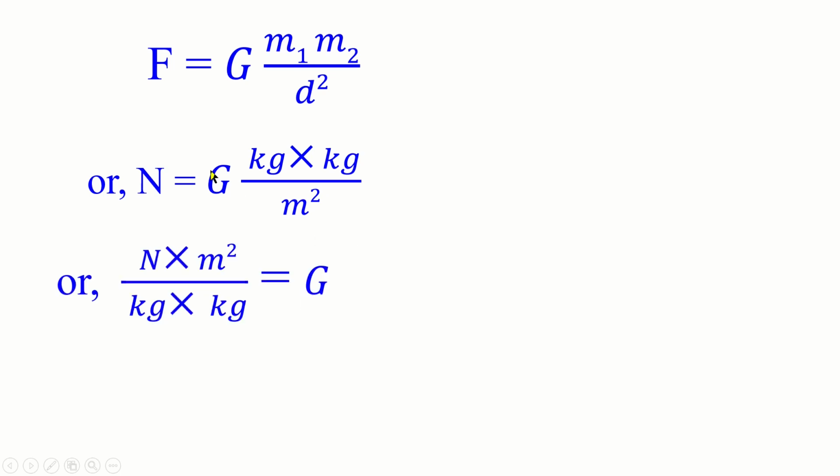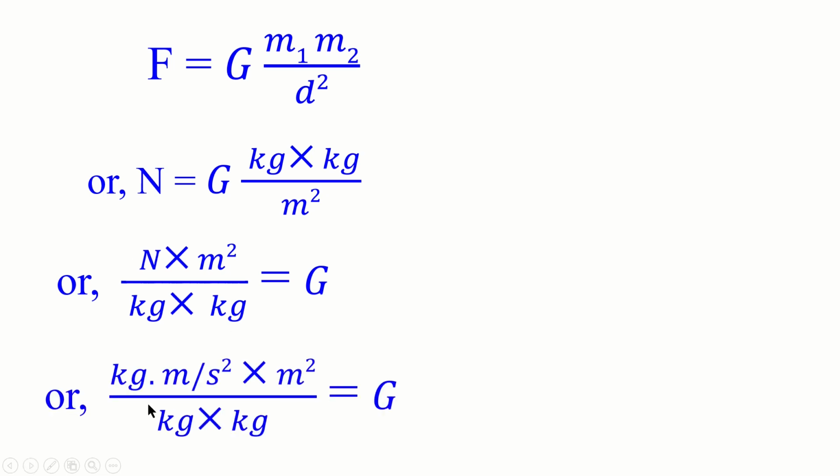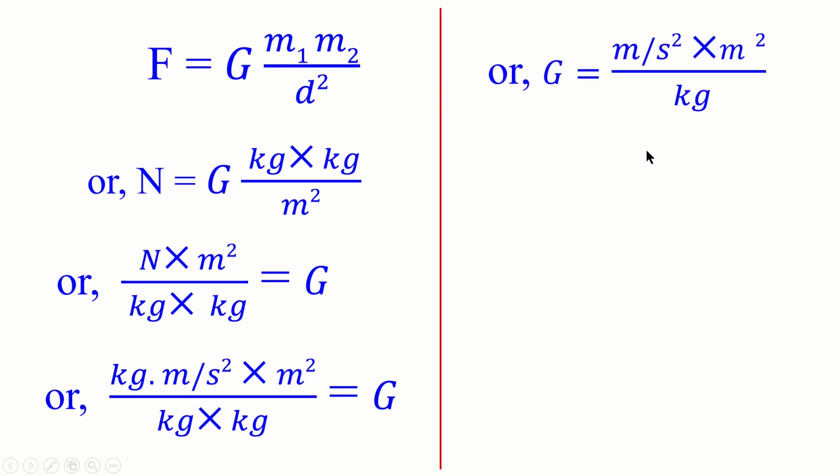If G is taken to one side, meter square goes to the left hand side, Newton into meter square, and kg into kg goes down in the denominator, then we have this expression. Now after this, look at this. Newton is again expanded here, kg meter per second square we know, and if kg is cancelled, then we will have meter per second square into meter square upon kg. One of the kg is cancelled.